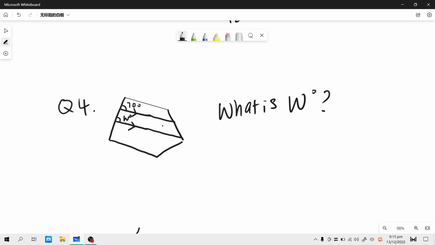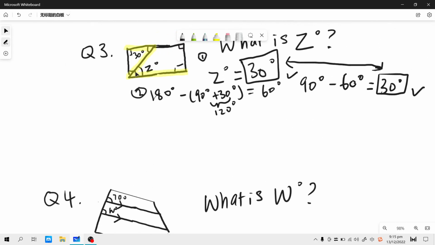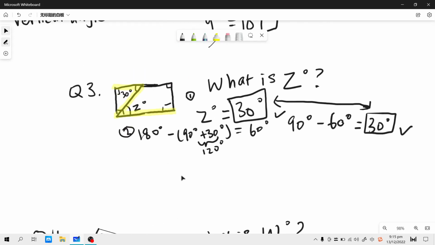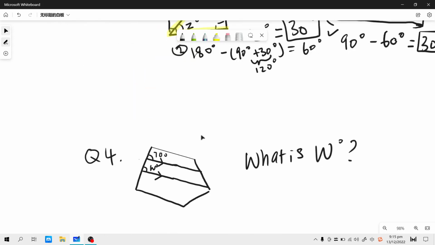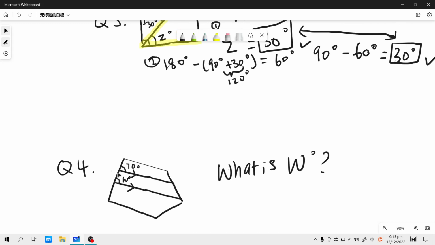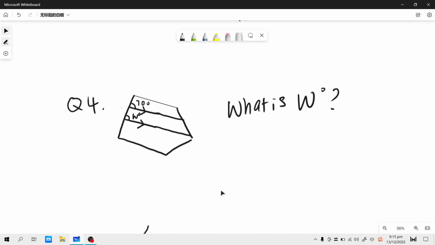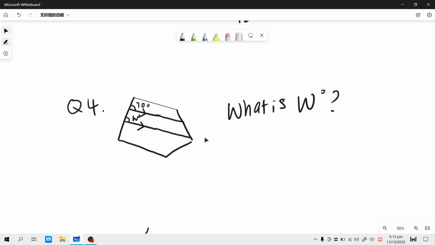Alright, so this is the same trick as the question above. If you can see the trick, the Z over here or here, on the other hand, is another letter, I can call it W. Alright, so if you can see the letters, you will know what angle it is.